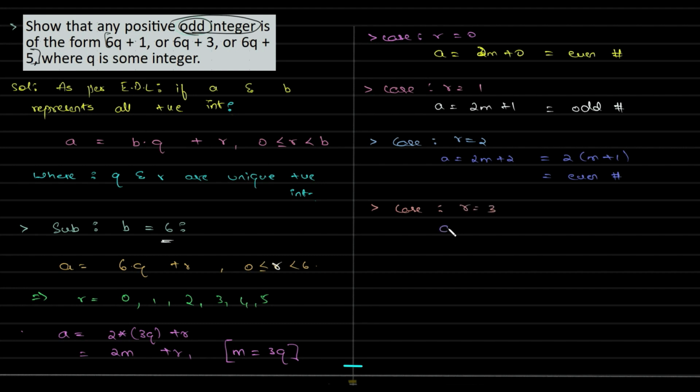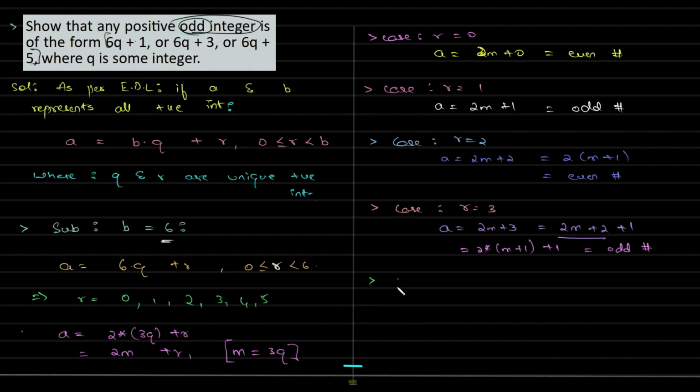So we have A is equal to 2M plus 3, which I'll rewrite as 2M plus 2 plus 1. Quite simple. Taking 2 common, that will give us 2 times (M plus 1) plus 1. So this is even plus 1, which will make it an odd number.